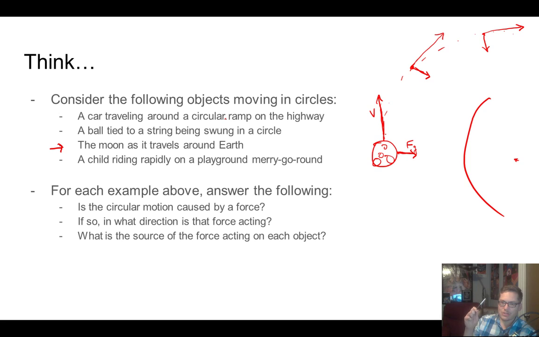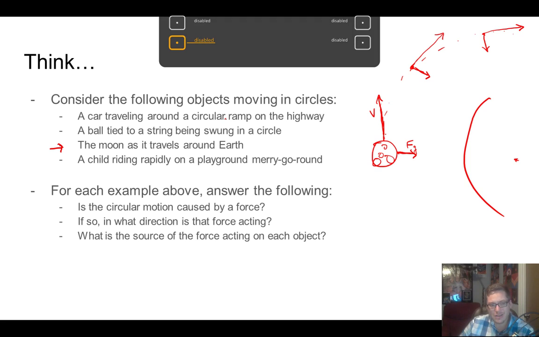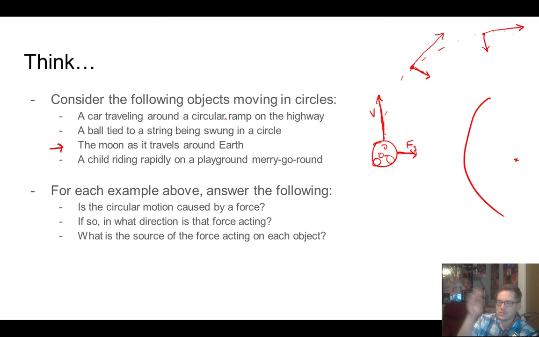Okay, imagine taking a ball and swinging it around in the air. So the tension of the string is pulling the ball back towards the center of the circle. And so that's really what we're focusing on today: what's causing that circular motion.